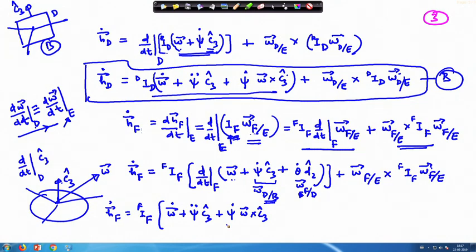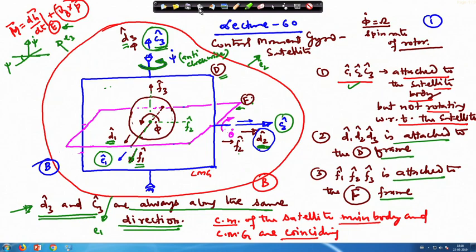And then we go to the next term. This is theta double dot d 2 cap, and how is this d 2 vector going to change? So, theta dot cross theta dot times d 2 cap.